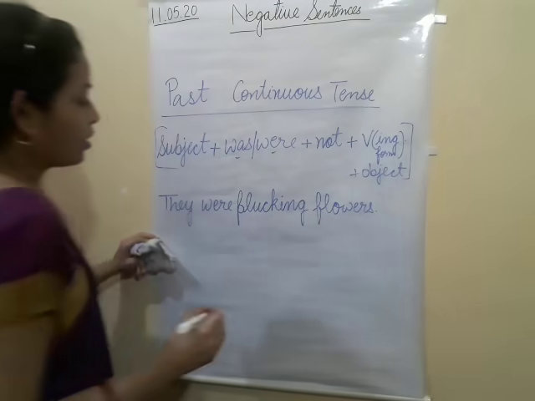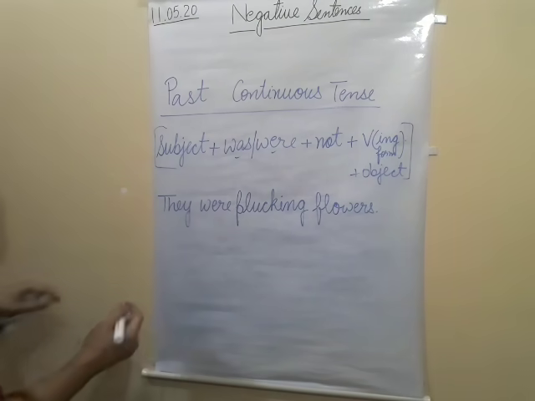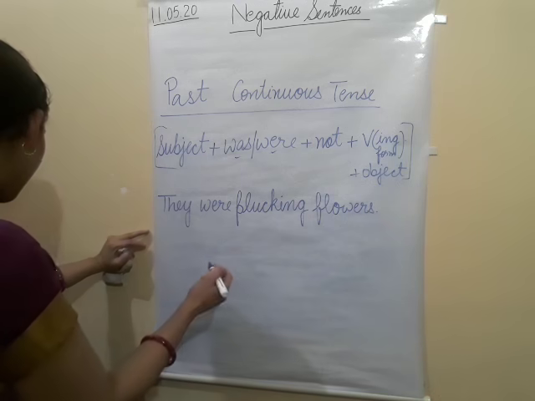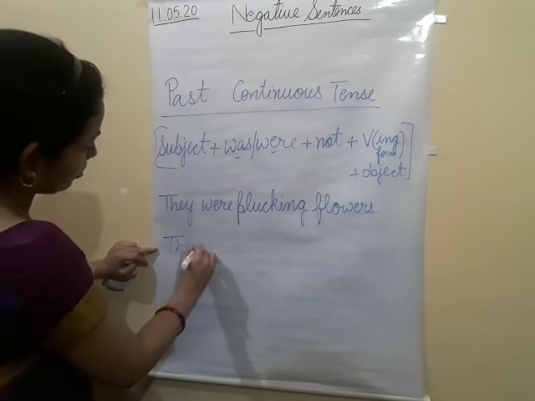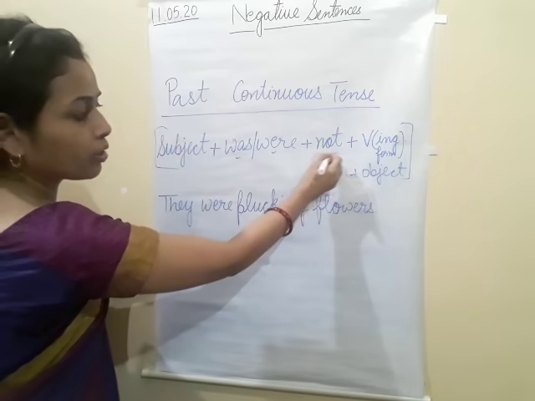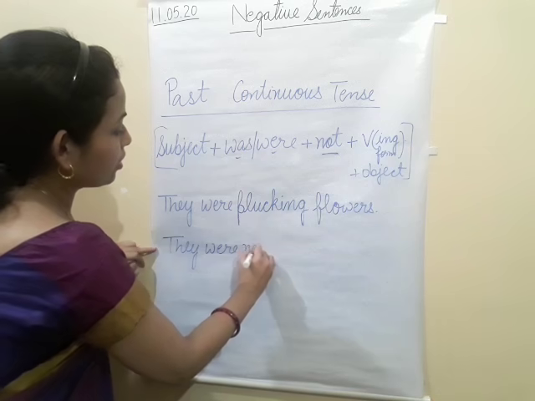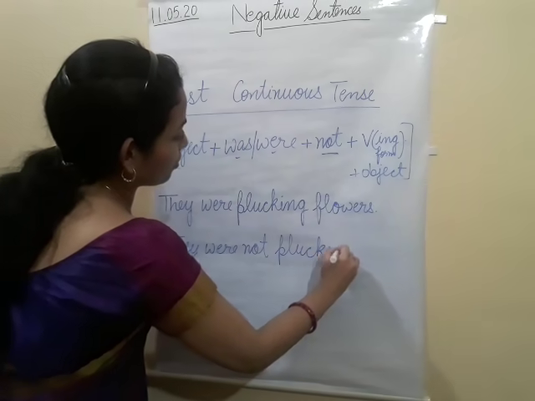Okay, they were plucking flowers. So how will we change it into negative? They were not plucking flowers. So here it will be they were, then again we use this. They were not plucking flowers.